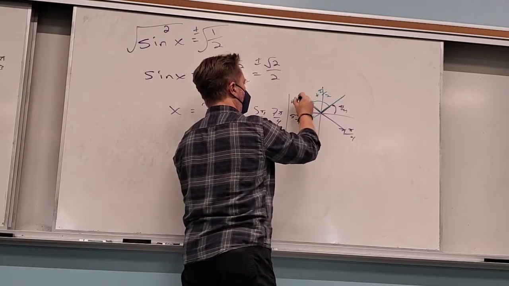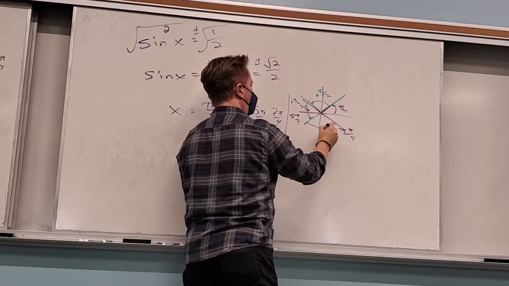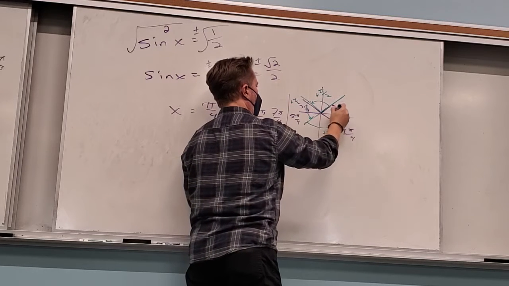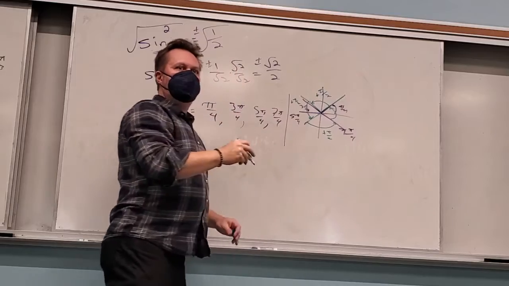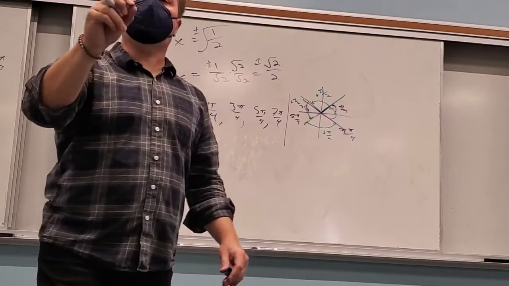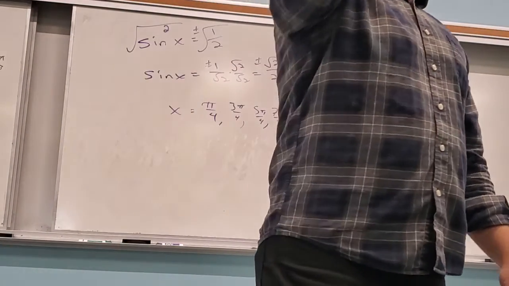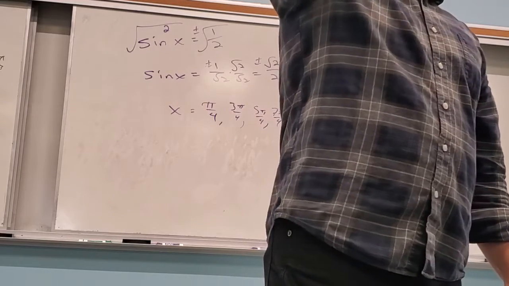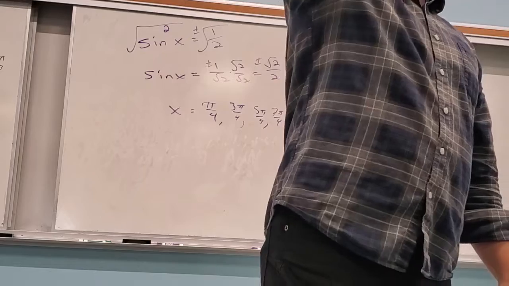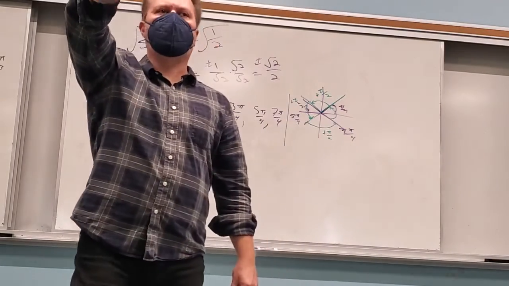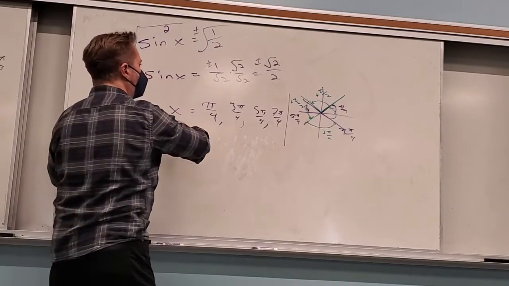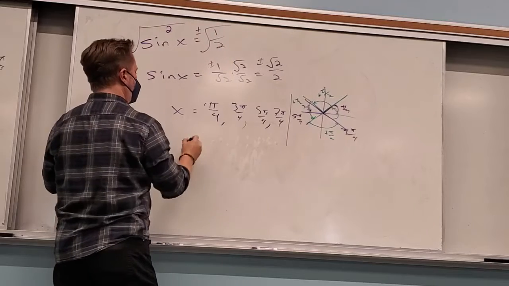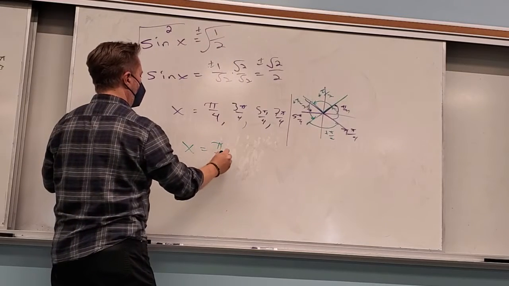Pi over 2 again. Pi over 2 again, right? So I really want this to make sense. If I start at pi over 4, I can catch every answer by just adding a multiple of pi over 2. I can just catch them all, right? So I can do the infinite solutions to this in one statement.